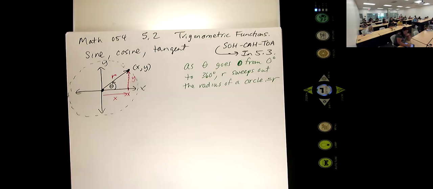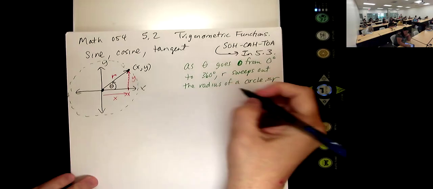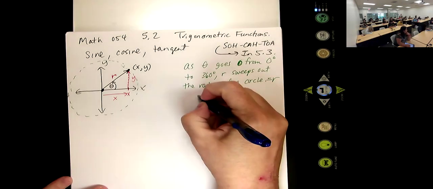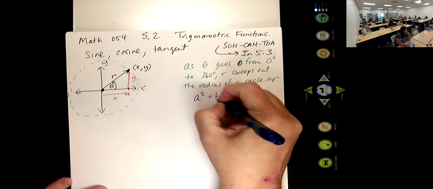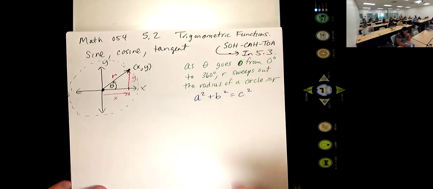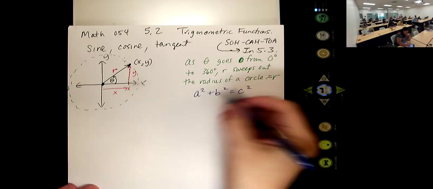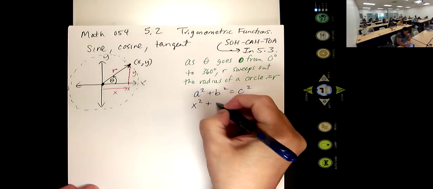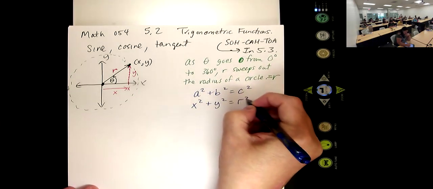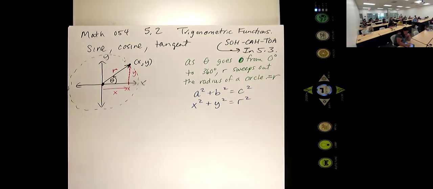Now, hopefully you remember from algebra or previous classes, Pythagorean's formula, a squared plus b squared equals c squared. If we apply that to this triangle here, we have x squared plus y squared equals r squared, which is the equation of a circle.